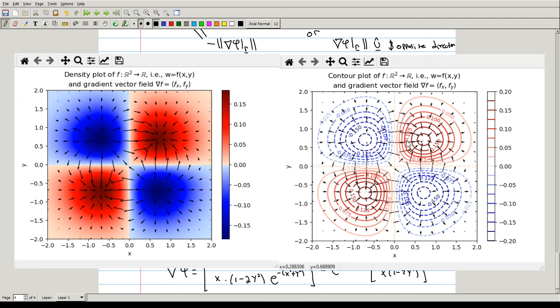So the directional derivative, it makes sense, should be 0 along those level curves. So a good exercise would be to show that this is true for all functions.